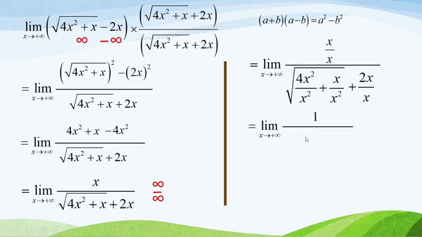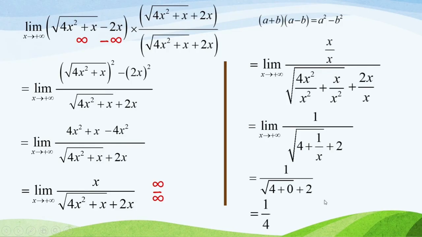The square root of 4x squared over x squared, we get the square root of 4 plus 1 over x, and plus 2. And we substitute infinity in this function, so we get 1 over the square root of 4 plus 0, plus 2. The square root of 4 is 2, and when we simplify, we get 1 over 2 plus 2, and we get 1 over 4.